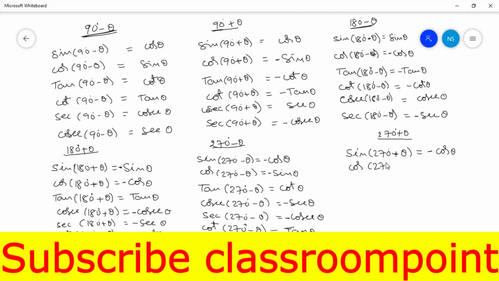Cos of 270 degrees plus theta is equal to, for 270 we get the co-function, for cos it is sine theta, and since it is a fourth quadrant angle, in the fourth quadrant cos is positive. So we get positive only here. And now tan of 270 degrees plus theta is equal to, since there is 270, cot theta.